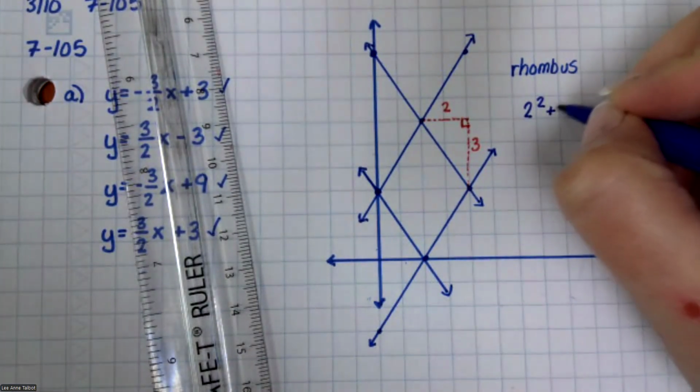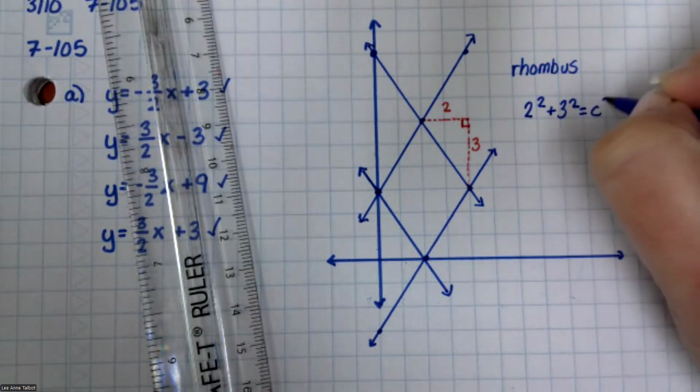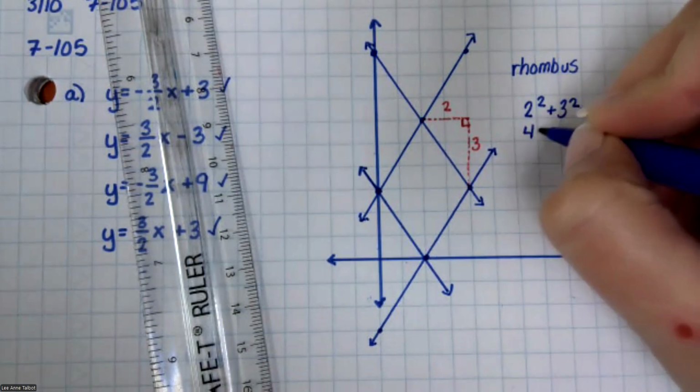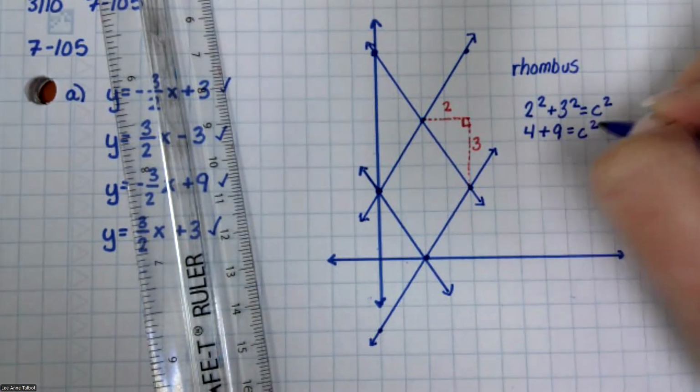Two squared plus 3 squared equals c squared. 4 plus 9 equals c squared.